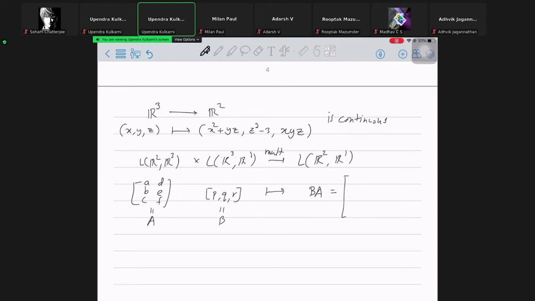R2 to R1 means this is going to have 1 row and 2 columns. And what are the numbers? Whatever the details are, you see how it is going to work out. So what is the first number? pa plus qb plus rc.